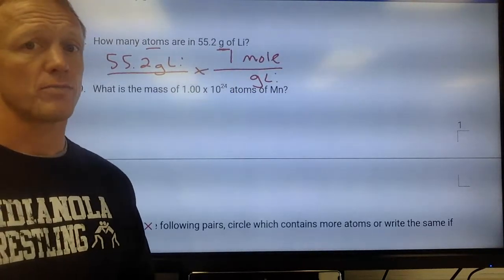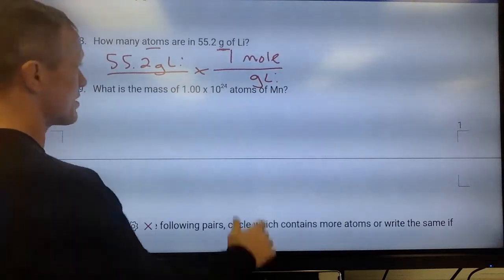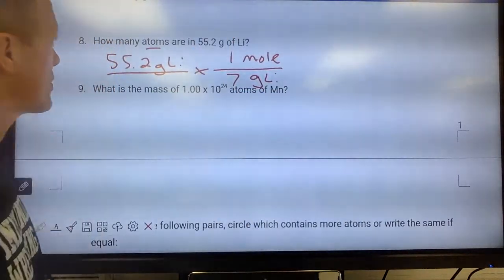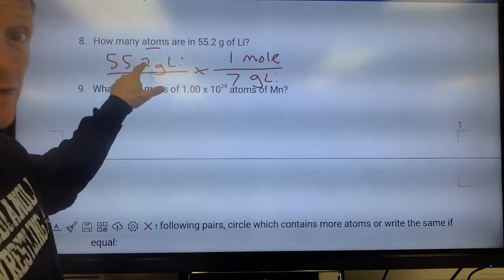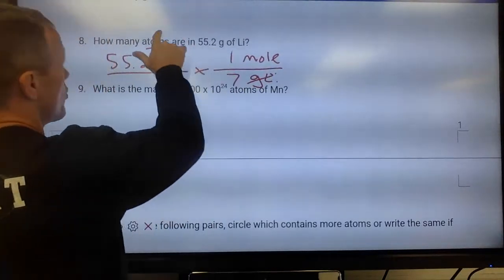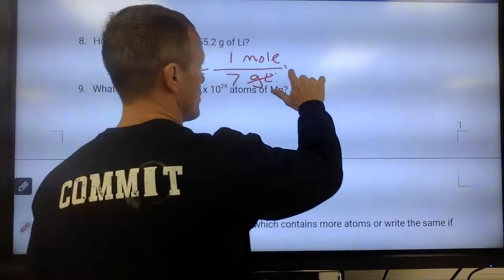That is not Avogadro's number. Grams comes off the periodic table. So we look up lithium in the periodic table. Lithium is 7 grams, its atomic mass. So we have way more than a mole here. 55.2 divided by 7 tells how many moles we have. That cancels with that. But the question is not asking for moles, it's asking for actual number of atoms. So we need to finish with the label atoms.